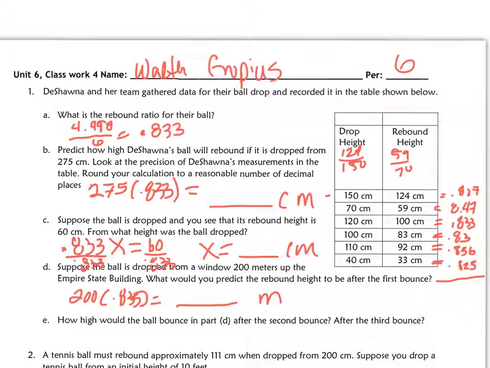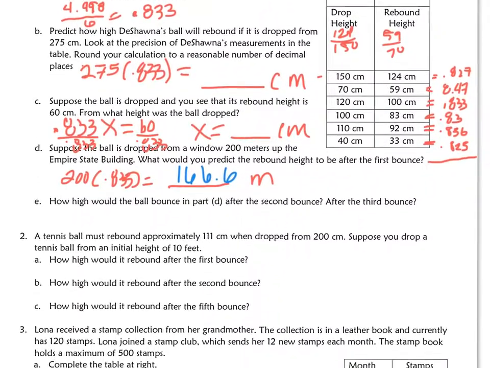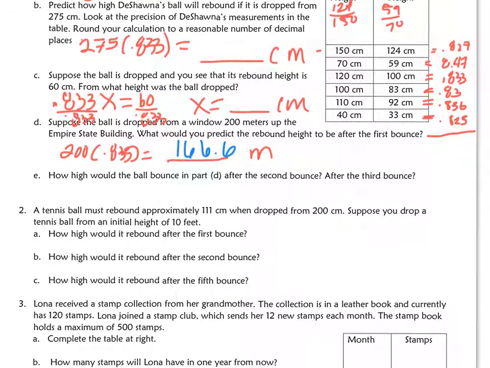What about the second bounce? Well, you have to take your number from the first bounce, which I'm going to tell you, since it's an important part of this equation, which is 166.6, if you didn't get it already, and you multiply that by 0.833. 166.6 times 0.833.